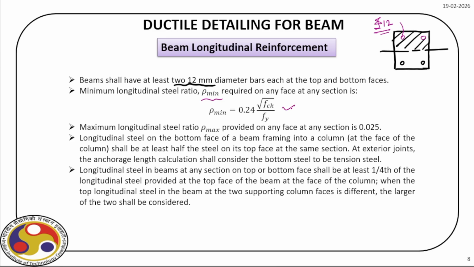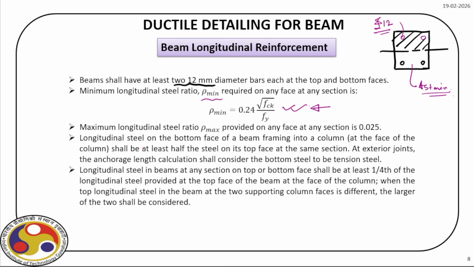So this is the additional requirement we have to check beyond the design that we have already discussed in detail in our previous lectures. There, if you recall, we discussed AST minimum. But now, from the ductility detailing point of view, this is again important and we have to ensure that this is followed.